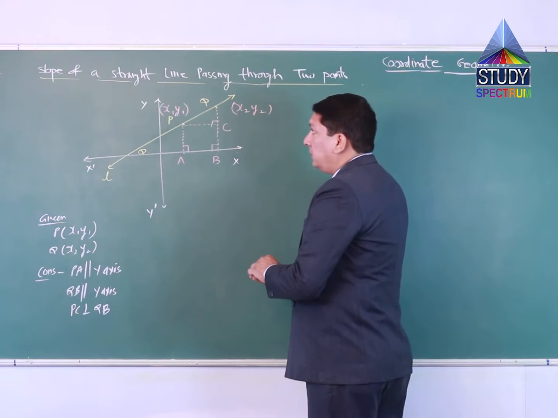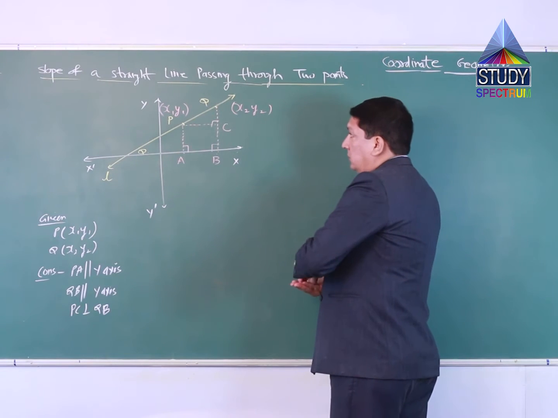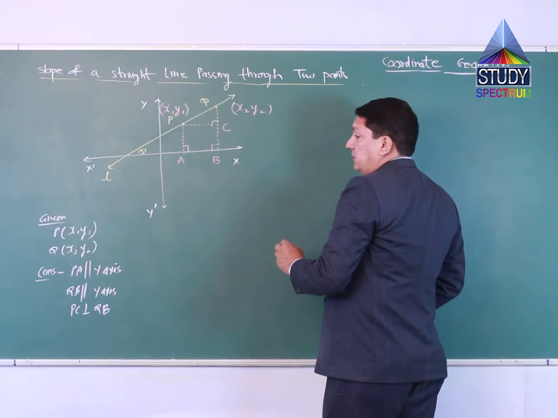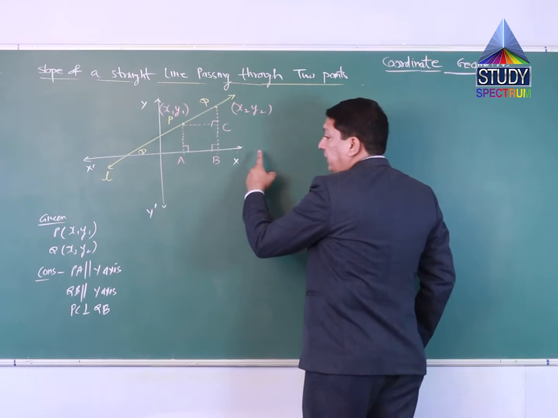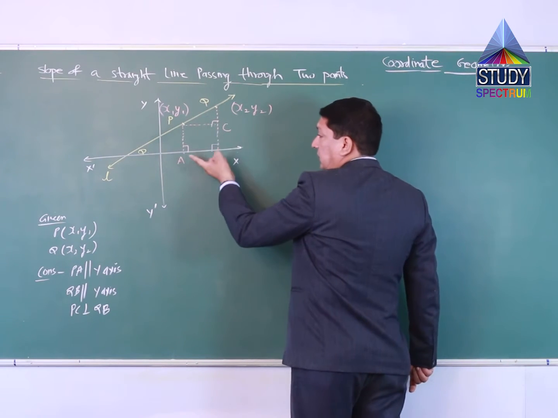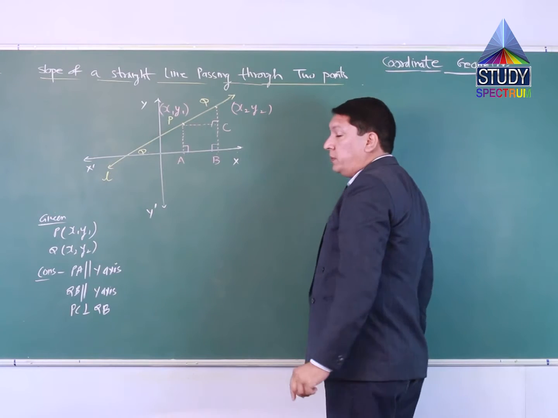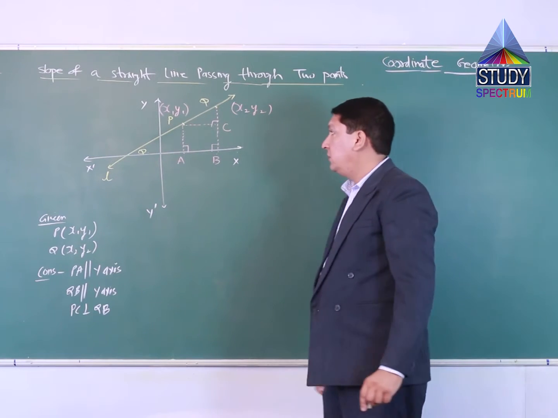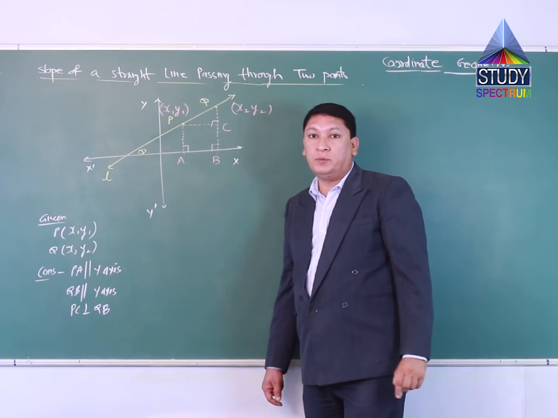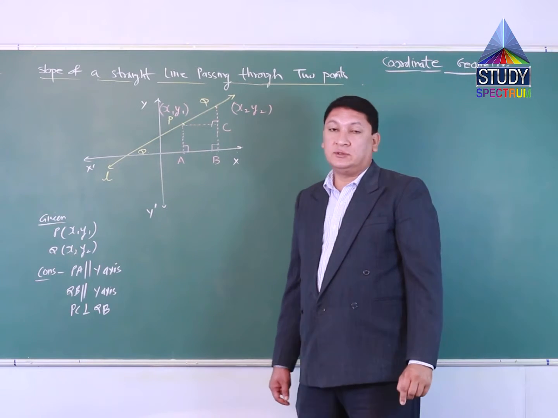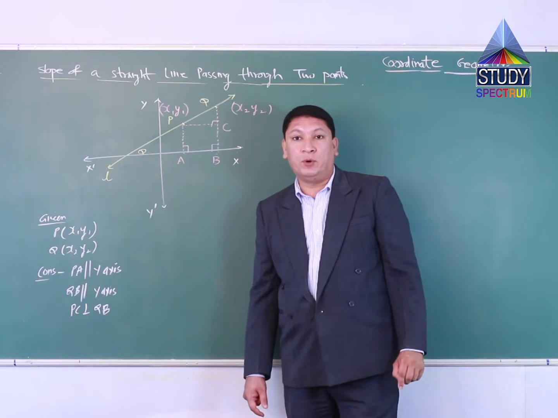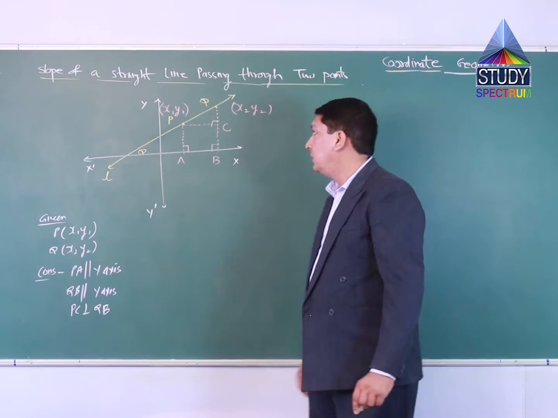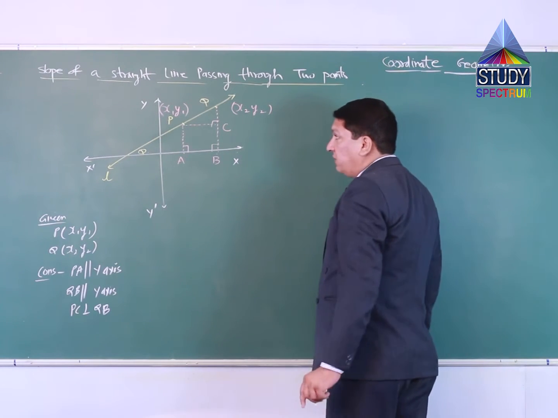Now we'll start with the proof. In fact, we are deriving the result, which is y2 minus y1 upon x2 minus x1. So we are going to derive that result.